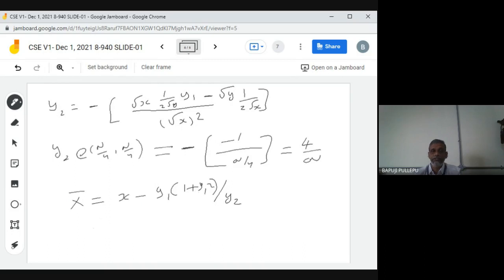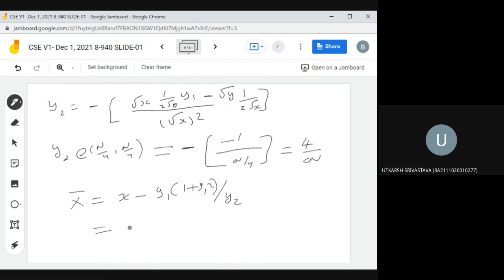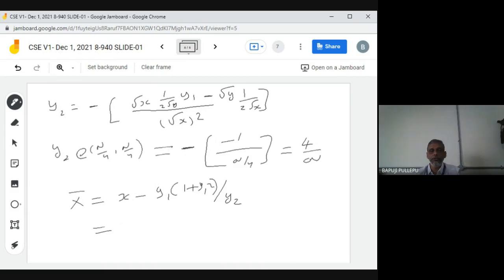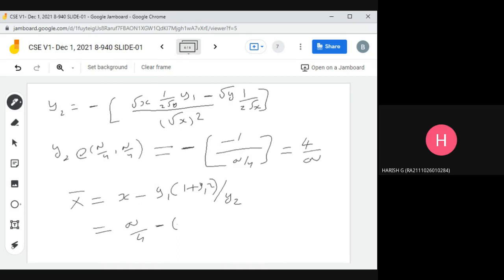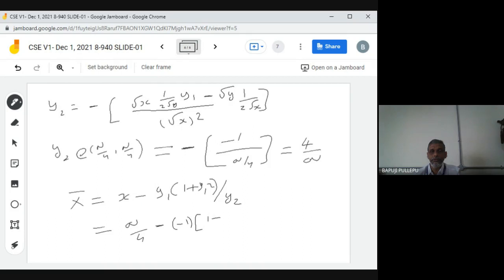So this is equal to, who is my x here? a by 4. Slowly substitute a by 4 minus, who is my y1? -1. y2 is 4 by a, means 16 by a square. No, this is y1 square only, not y2. 1 only. Correct? Divided by 4 by a.